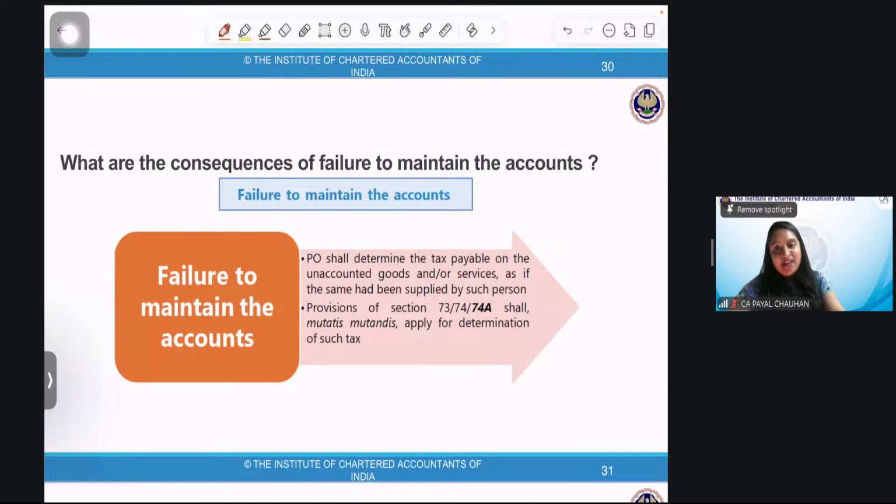Ma'am, is there any chance for cancellation? Yes. While we do the chapter on registration, we have reasons for cancellation of registration, and there we have one point mentioned.